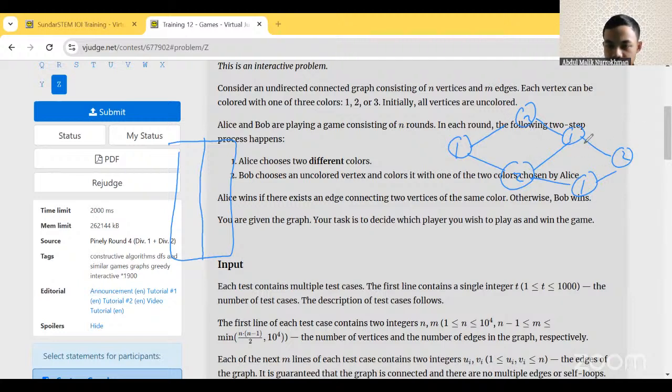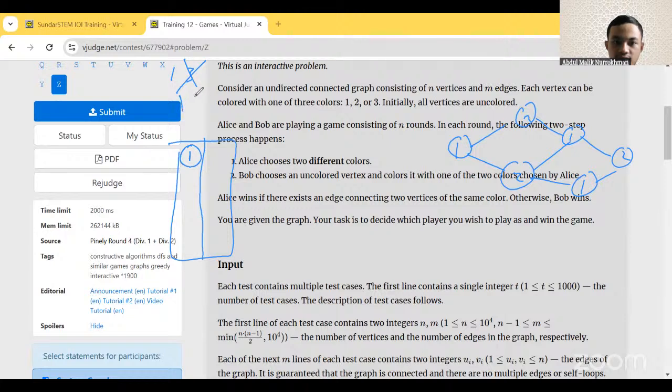Okay. So when Alice gives us color 1 and 3, since we don't want color 3, just color 1 to a node in the first part.